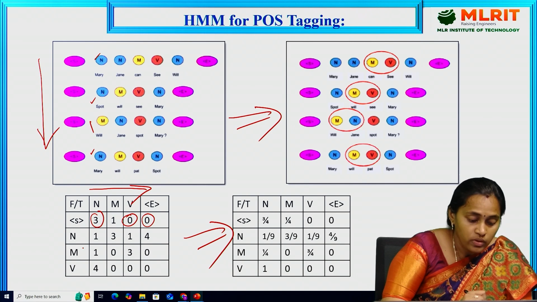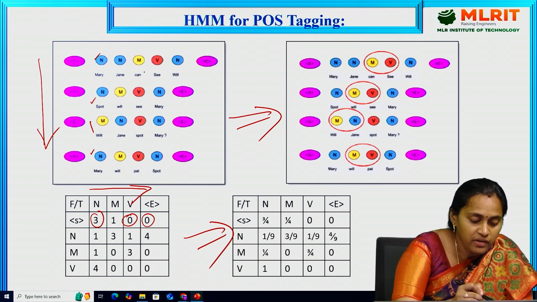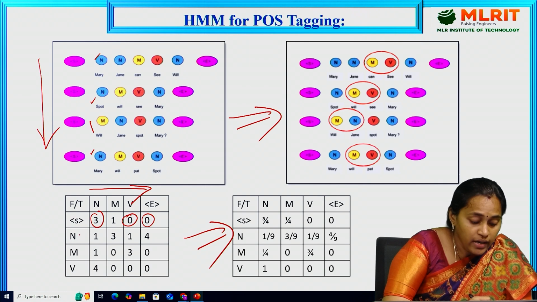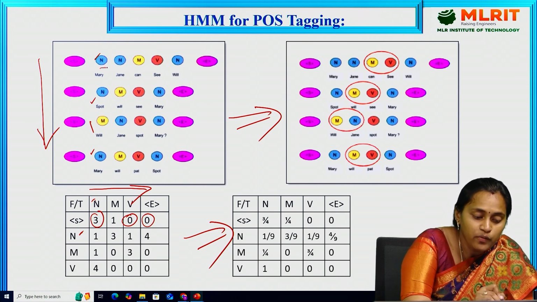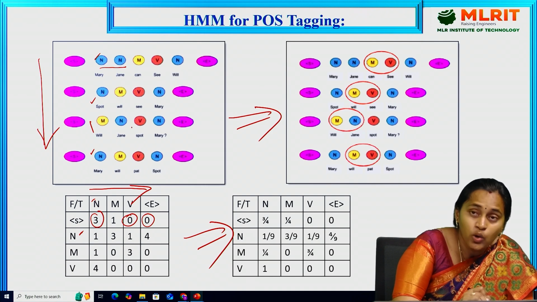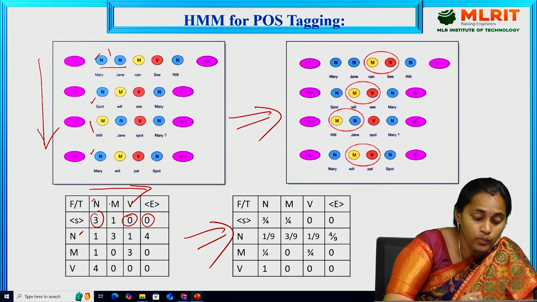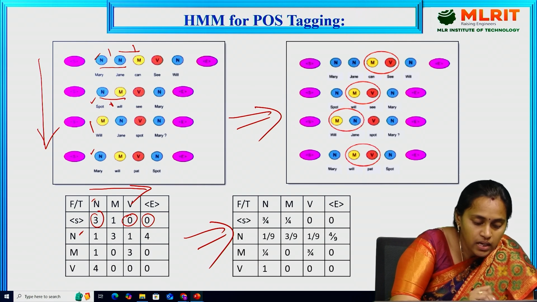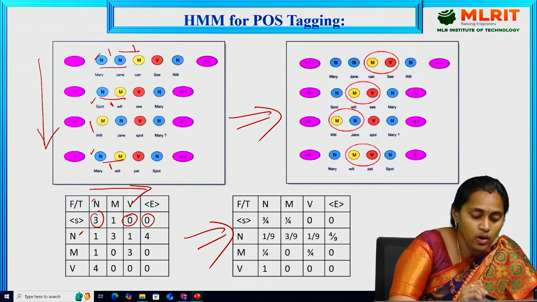Let's see noun. How many times is the noun followed by a noun? Only 1 time. Is there any other place where a noun is beside a noun? No, it is only 1 time. Now noun followed by modal: here 1 time, here 1 time, and another time, so this is 3.